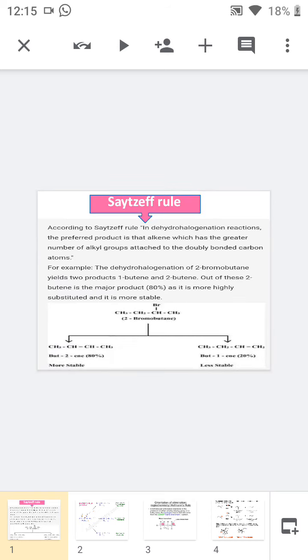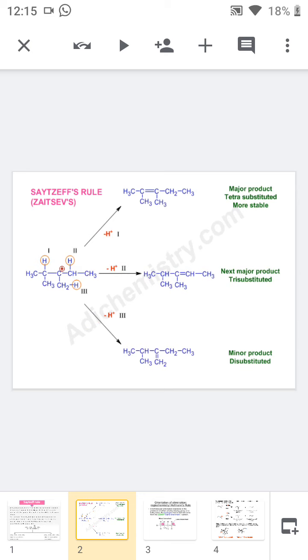Now we are moving on to the next example of Saytzeff's rule. See, in this example, a carbocation is generated due to the elimination of the halogen, and this carbocation can be stabilized by the elimination of a hydrogen. We can take the hydrogen from the first position, the second position, or the third position.